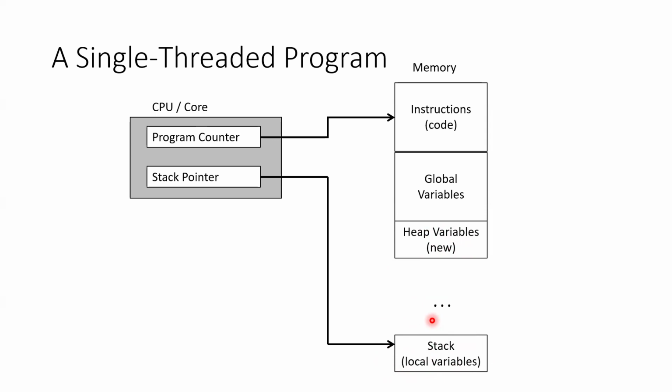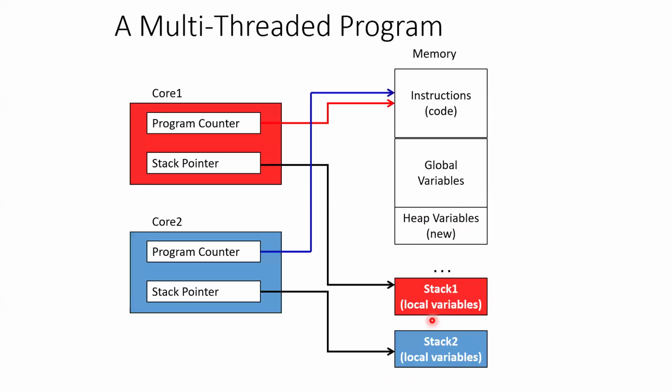If you add on one more thread, you will have 2 cores. Each core will have its own program counter and its own stack pointer. The program counter is always pointing to somewhere in the instructions, and the instructions in memory are shared between all of the cores because you're only reading from the instructions, you're never writing to the instructions when the program is executing.